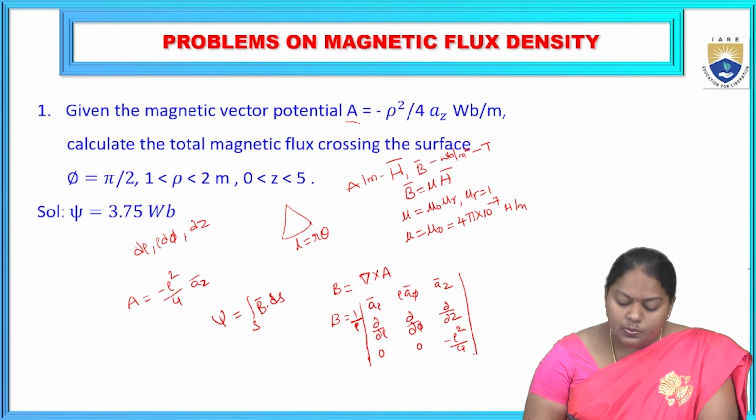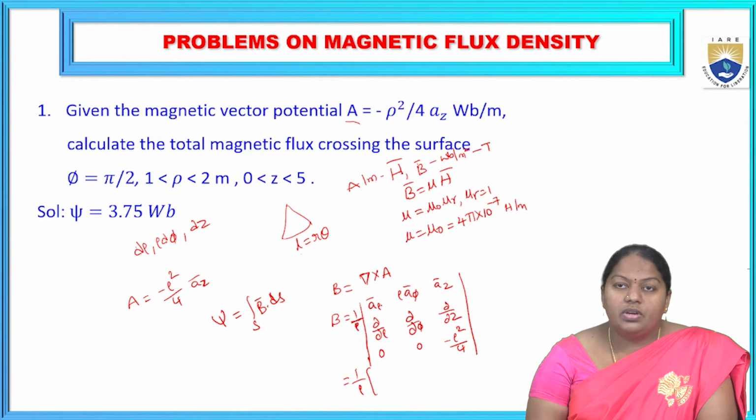right? So upon expanding this determinant, how are we going to write it? It is equal to 1 by rho into, first A rho into dou by dou phi of this minus rho square by 4. We are differentiating this with respect to phi, and the variable inside is rho, hence this will be considered as constant. Then dou by dou phi of minus rho square by 4 becomes 0. 0 minus dou by dou z of 0, this will be 0.